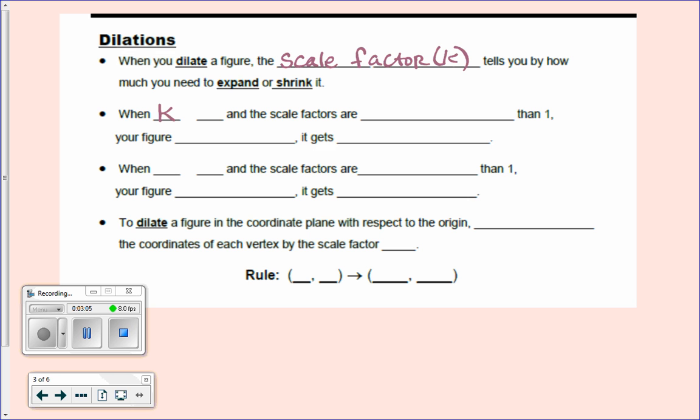When your scale factor is greater than 1, your figure expands, it gets bigger.